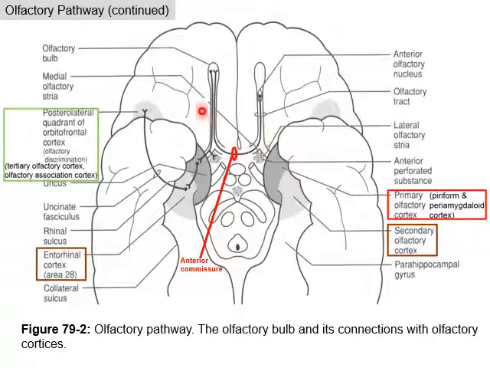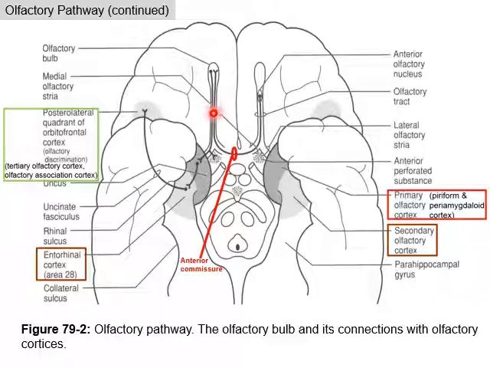This crossing occurs at the site of the anterior commissure. So the fibers run in the medial olfactory stria and reach to the anterior commissure, and then to the opposite medial olfactory stria, and then to the opposite olfactory bulb and tract.